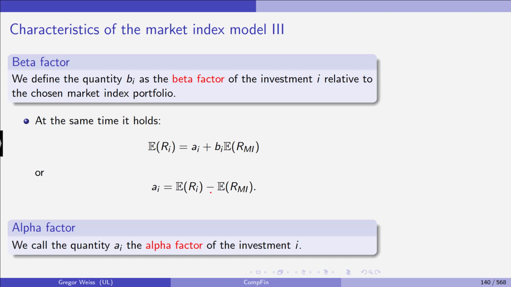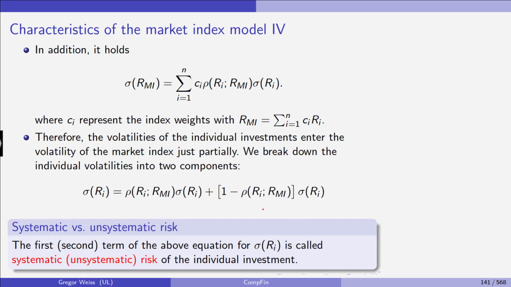In other words, the alpha factor is the expected return on the individual security minus the expected return on the market index. In other words, this is the excess return on the individual security over the market portfolio.